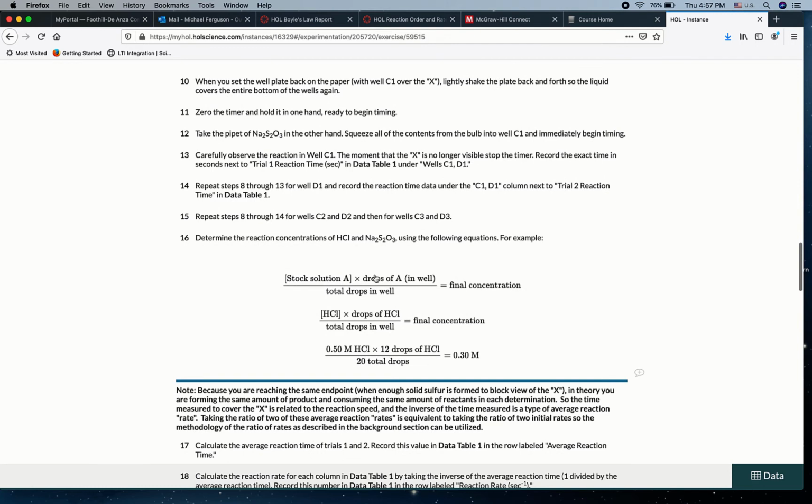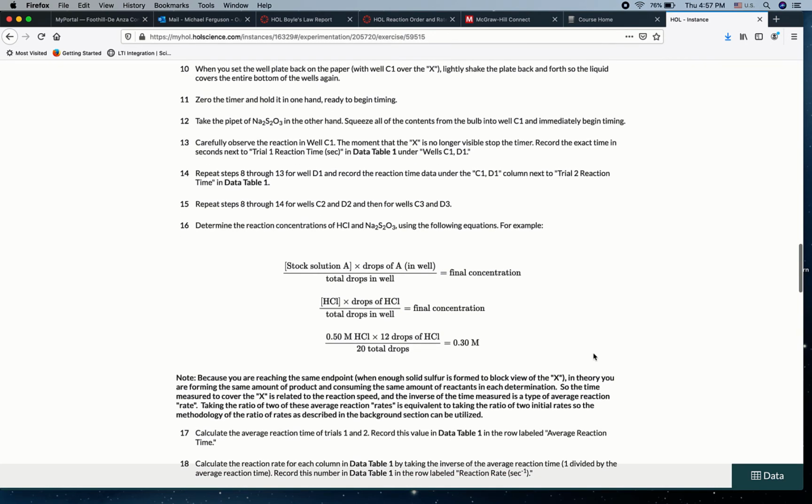And then you determine the reaction concentrations of hydrochloric acid and thiosulfate this way. If you have the stock solution, I can see here, this is a way you can calculate the concentration.